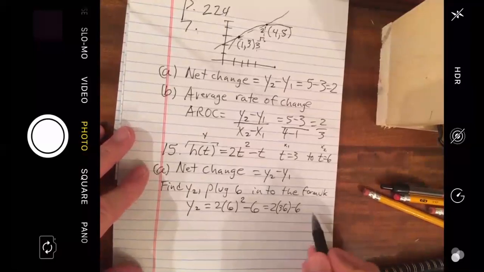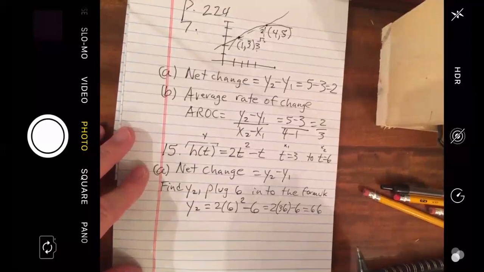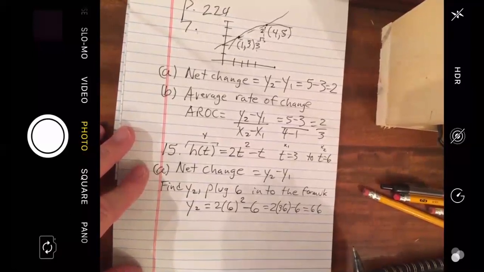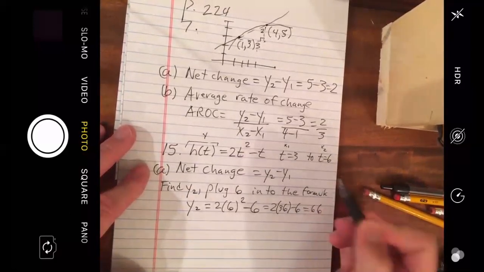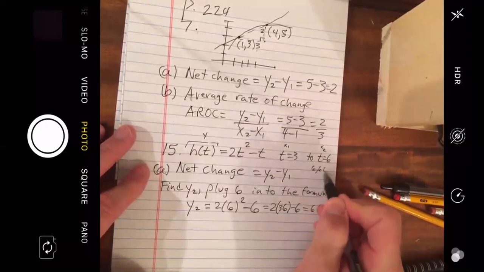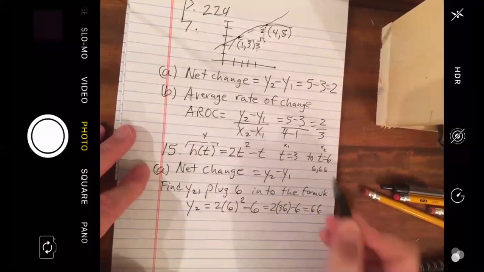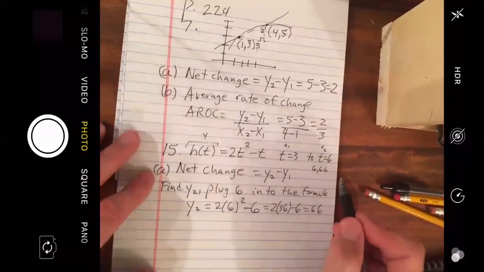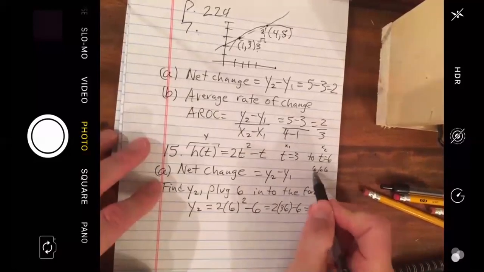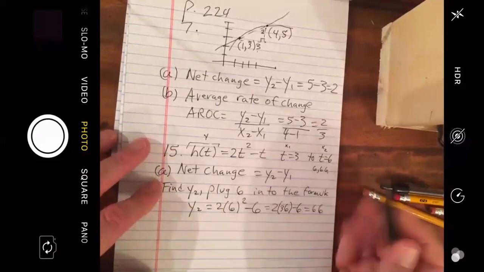So I believe 72 minus 6 is 66. Did that go too fast? In effect, the xy point is 6 and 66. By plugging this into this, I get its y. So the point on this formula, if I did graph it, is x is 6, y is 66.